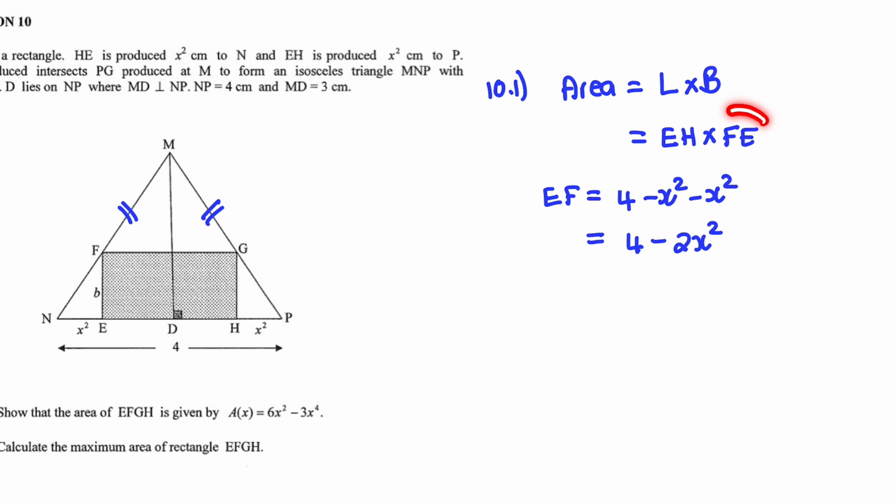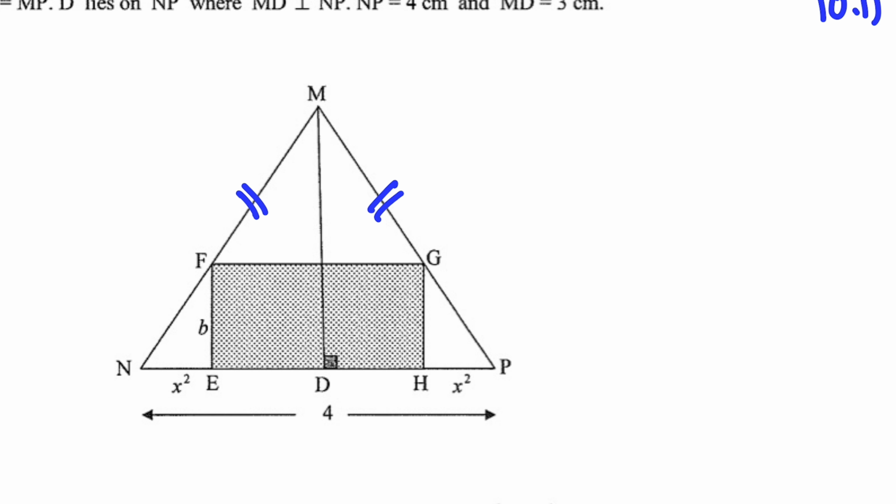Next, we need to find FE in terms of x. We are given that the perpendicular height is equal to 3, and we know that this is a rectangle. So that means that the line FG is parallel to the line NP.